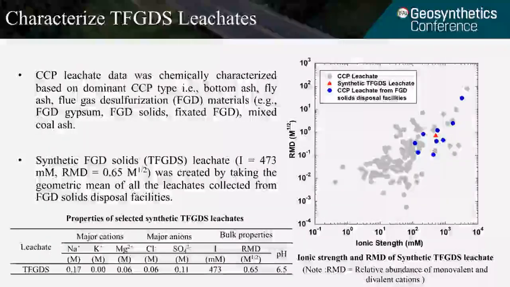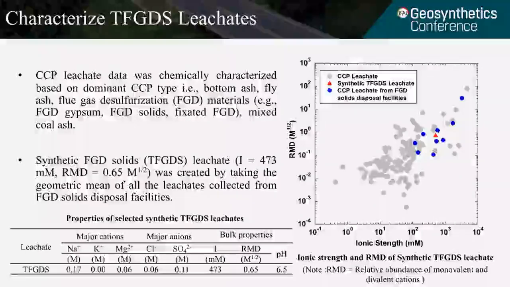Here, as you see from the figure, the blue circles represent the CCP leachate from the FGD solid disposal facilities. You can see the FGDs tend to behave on the aggressive side, and the red triangle represents the geometric mean of the FGD leachate, which is used to create synthetic leachate in this study to chemically represent the FGD leachate.